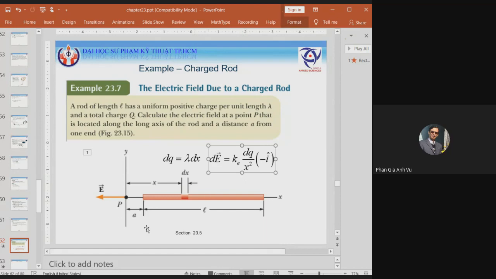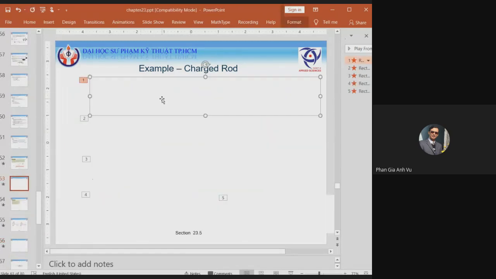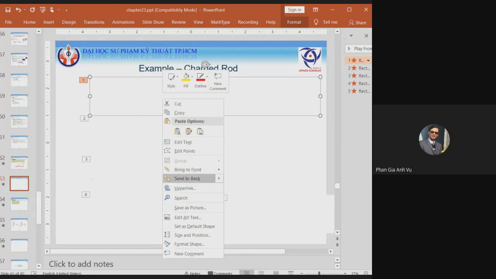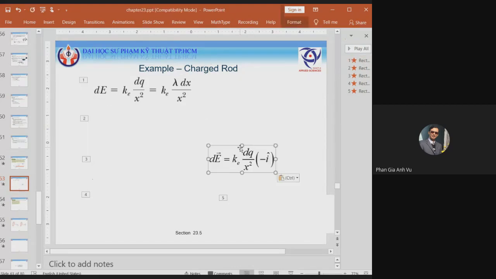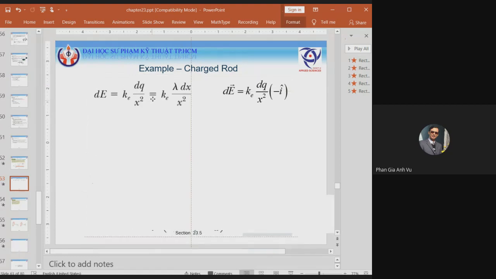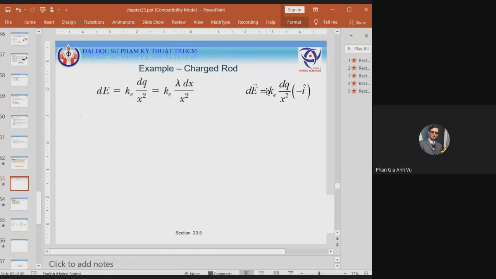Then we have to take the integral of that. So let's copy it here. This is from the previous page, right? Now I take only the magnitude of that, so I ignore the minus i in this formula. Then I have this one.